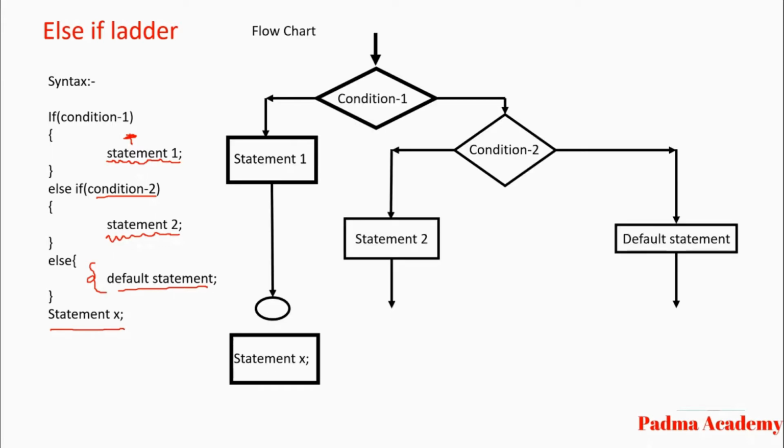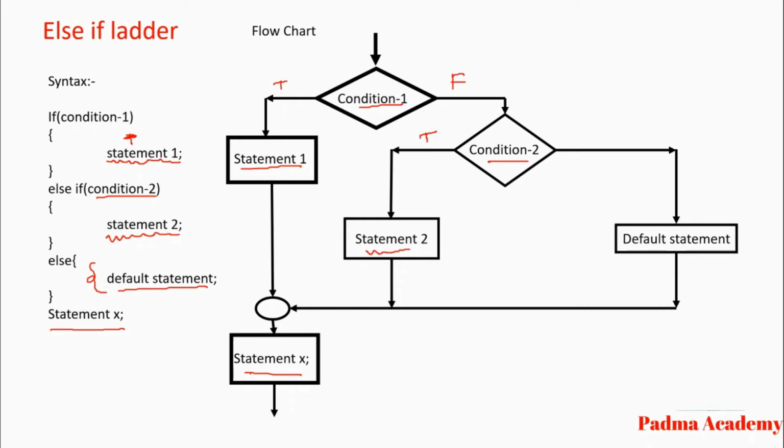So the flowchart for it is: if condition 1 is true, then statement 1 will be executed. Then after the execution of statement 1, statement X will be executed directly. It will not check the second condition. If condition 2 is true, it will directly execute statement 2 and then statement X. But it will check condition 2 if and only if the first condition, condition 1, is false.